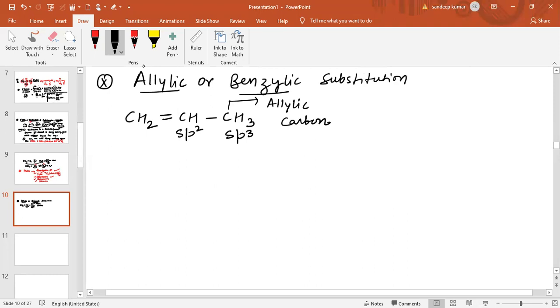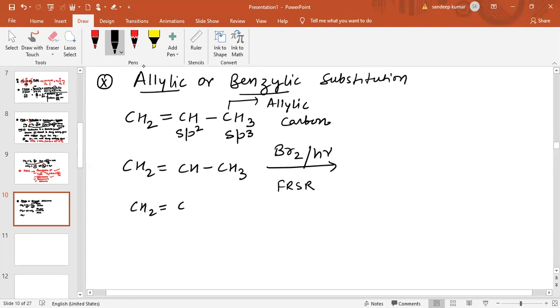Now, when we do allylic substitution, like this CH2=CH-CH3, and we add bromine in presence of sunlight, we know this is a free radical substitution reaction. The most stable free radical formed is this one. Why? Because this is a conjugated system: look, free radical, single, double. So this is the allylic free radical.